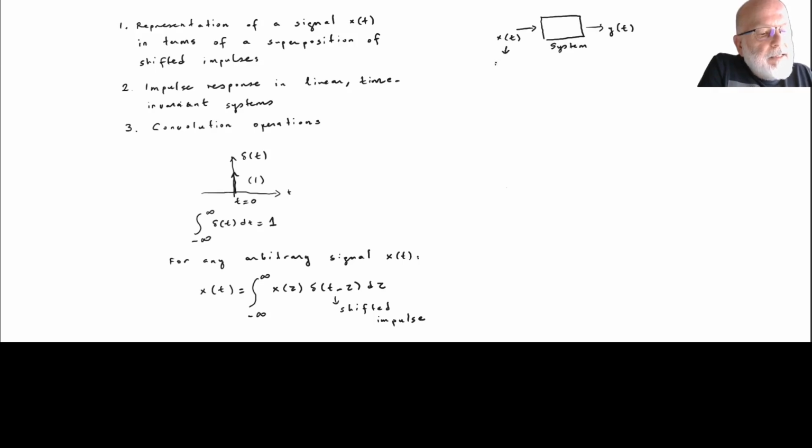This is the input signal. x of t is the input signal and y of t is the output signal. So the system is just a transformation which transforms any input signal to a corresponding output signal.